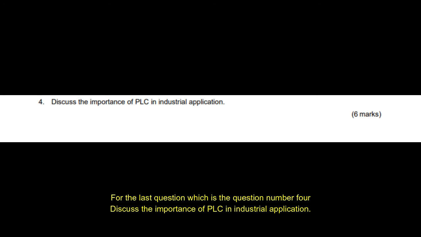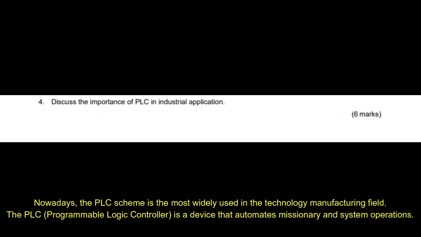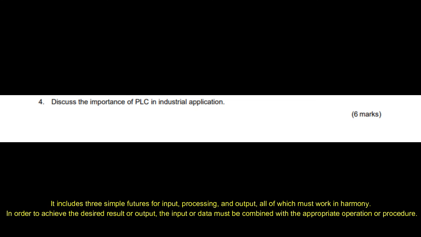For the last question, which is question number 4, discuss the importance of PLC in industrial application. Nowadays, the PLC is the most widely used in the technology manufacturing field. The PLC, programmable logic controller, is a device that automates machinery and system operation.